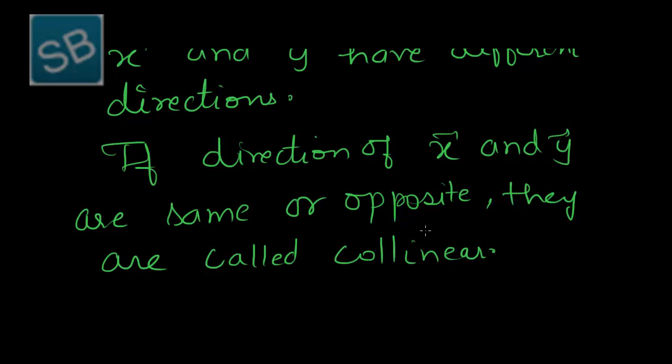That is, vectors in the same line. That is, they are oppositely in the same line or in the same direction in the same line. So this is about the direction of vectors.